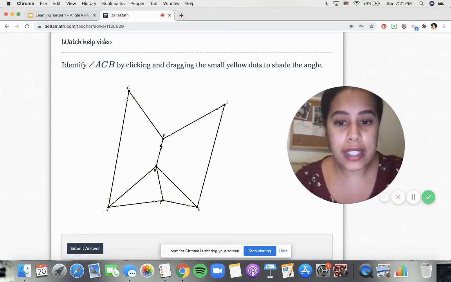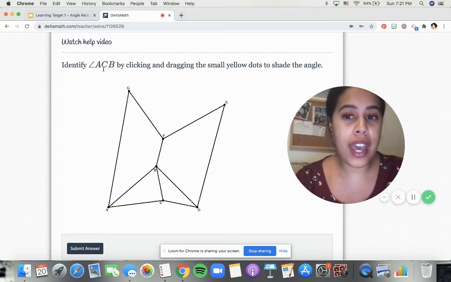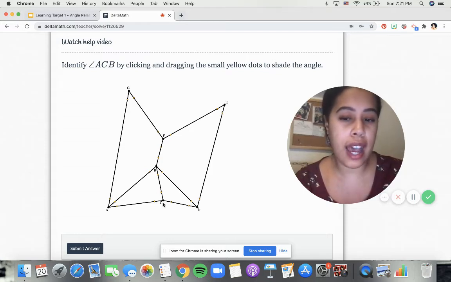When I find C, I see that it's down here. And then I have the points A and B. So I have A and B with C in the middle. So when I just trace it out, angle ACB is right over here because C is in the middle, and you can drag it either from top to bottom or bottom to top.